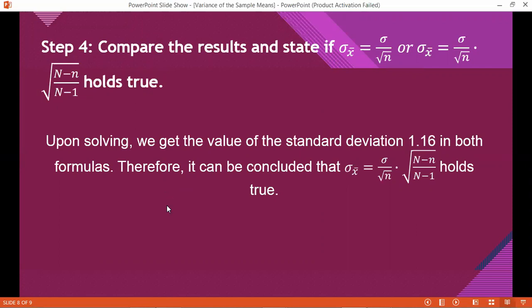Since step 1, step 2, step 3 have the same value for the standard deviation, therefore, it can be concluded that the statement holds true. And therefore, you have proven that your solving is correct.